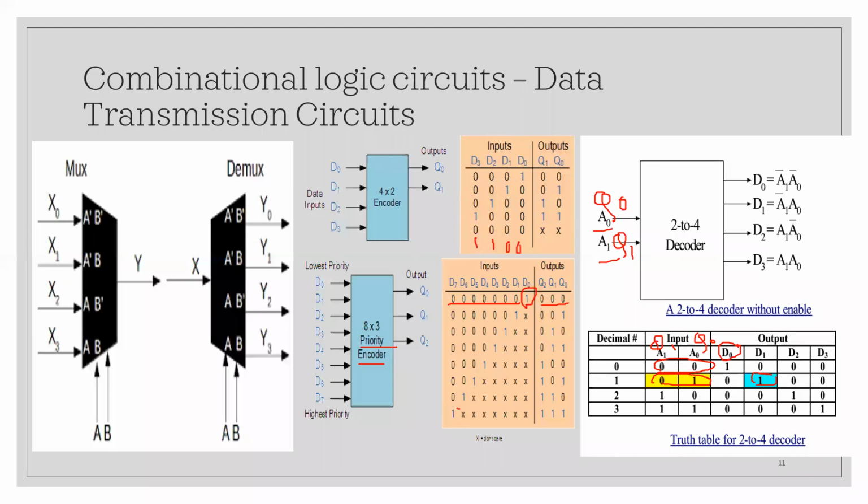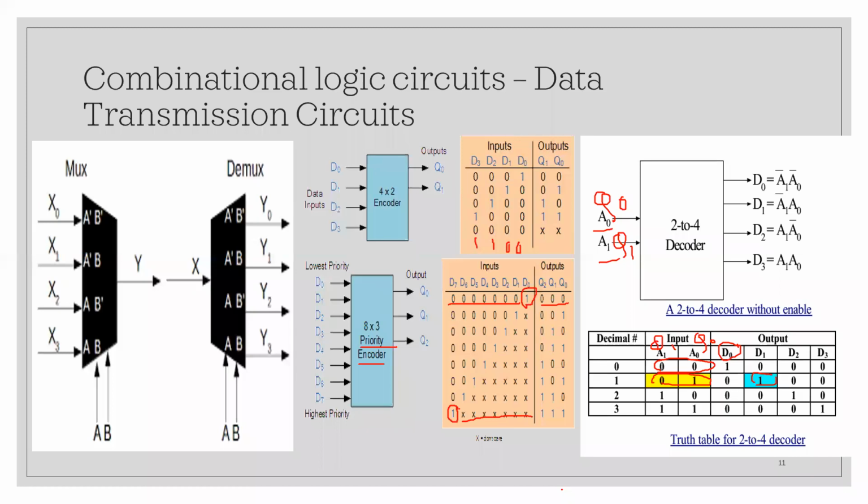Now, for example, if I take the last one, D7 is 1. What does this imply? X values. It is 0 or 1; it can be 0 or 1.